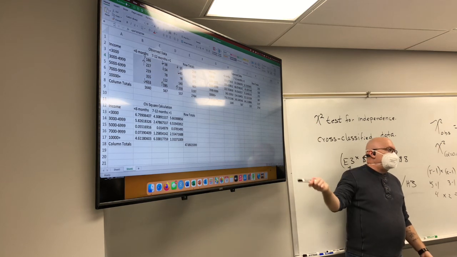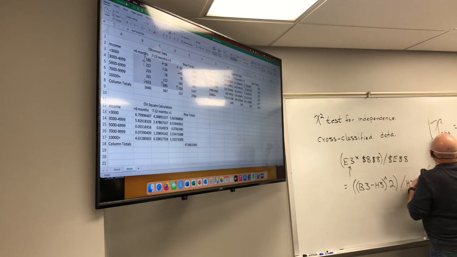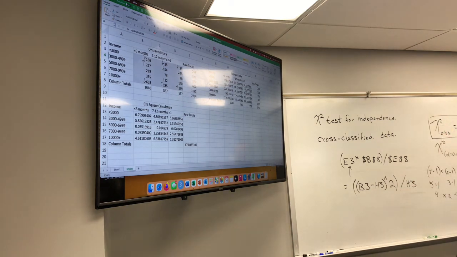So this is how you then tease what this thing means. This thing means something. It's telling you that there's some pattern to this contingency table. There's some pattern to this cross-classified data. But just looking at that number doesn't tell you what specifically in the data you should be paying attention to.